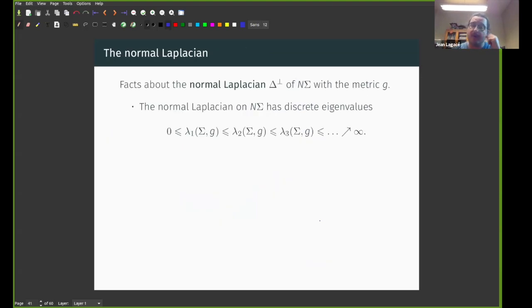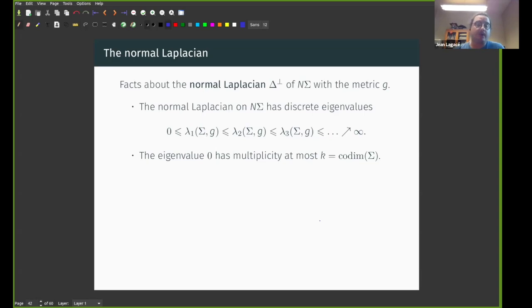Before telling you how we solve this conundrum, let me describe a few of the properties of this normal Laplacian on the normal bundle of sigma. First of all, it has discrete eigenvalues that accumulate only at infinity. This is just from general nonsense about being an elliptic, self-adjoint, positive operator on a vector bundle.